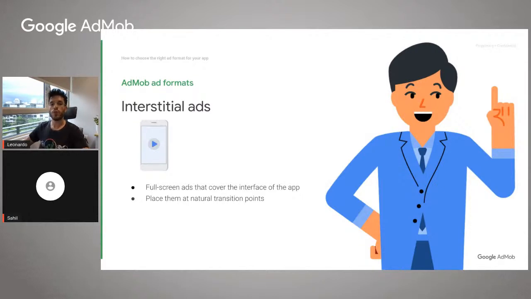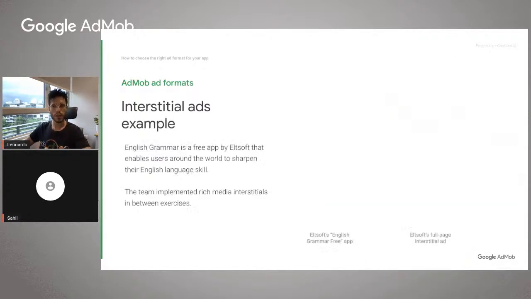Also, if you are afraid of showing too many interstitial ads to your users, you can control how many interstitial ads a user can see by setting a frequency cap, for example, per use or per day. Finally, interstitial ads normally have a higher eCPM compared to banner ads, for example.